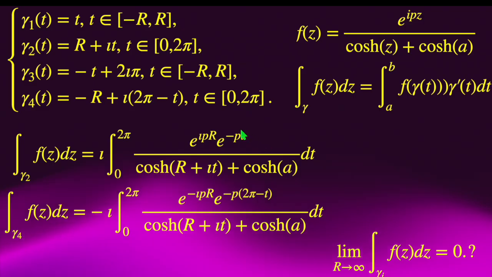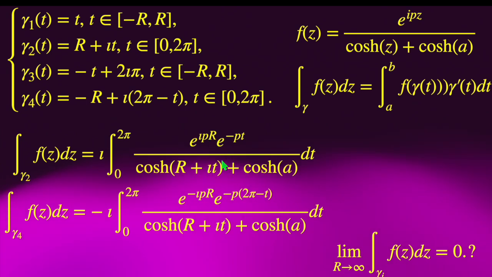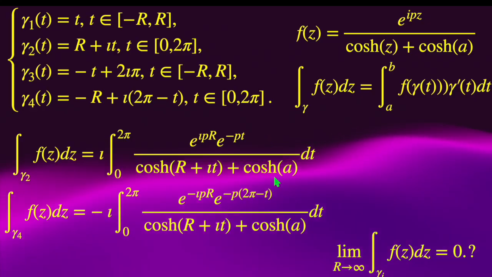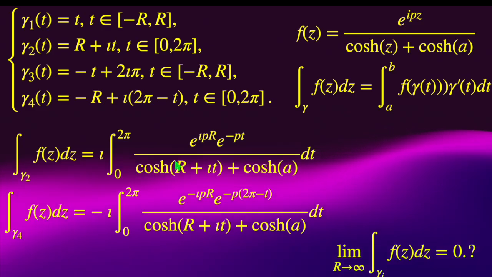To do so, we need to give a majoration of this function. Here this quantity is less or equal in modulus to 1, so we need a majoration of 1 over this quantity, so we need a minoration of this quantity.